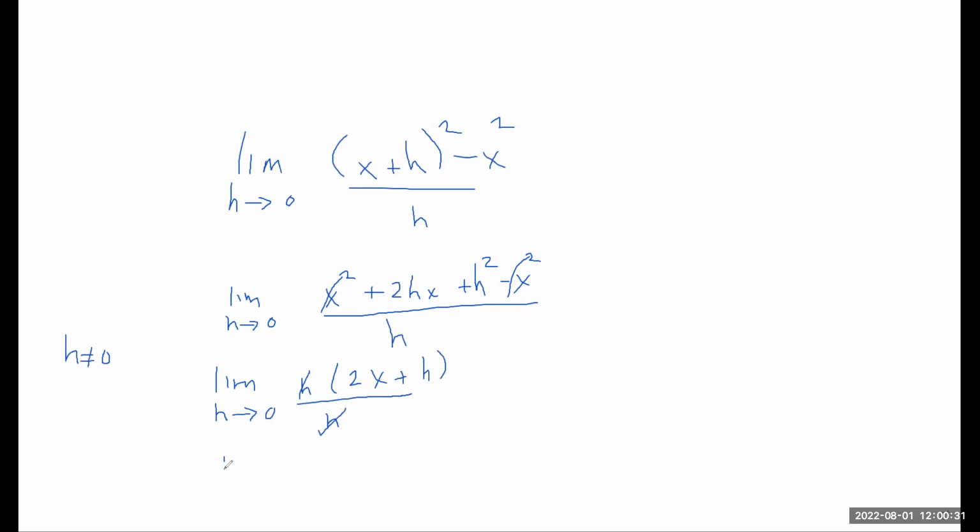Now I'm going to directly substitute in, now that our domain restriction is removed. And realizing that as h approaches 0, this is going to be h. And 2x doesn't change. So our final answer was 2x. That's the old way of doing it, the analytical way.